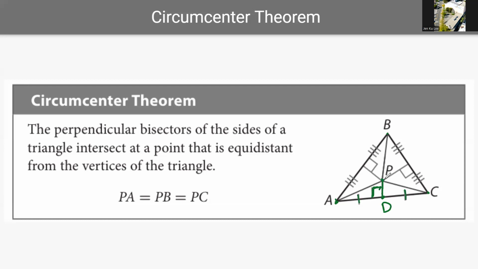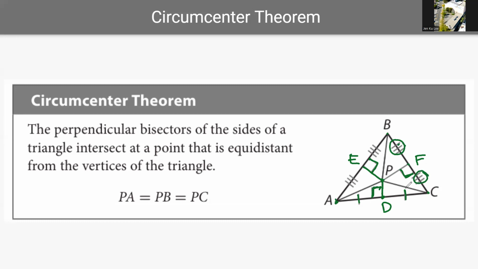Okay, PE, I'm going to label it, is also the perpendicular bisector, whereas they're perpendicular and then these sides are equal. And then PF is also the perpendicular bisector because it's perpendicular and all of these sides are equal, right?